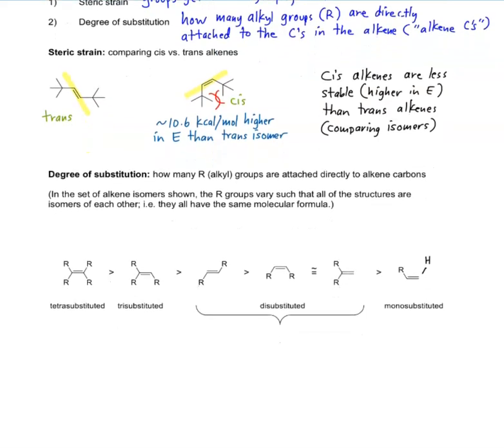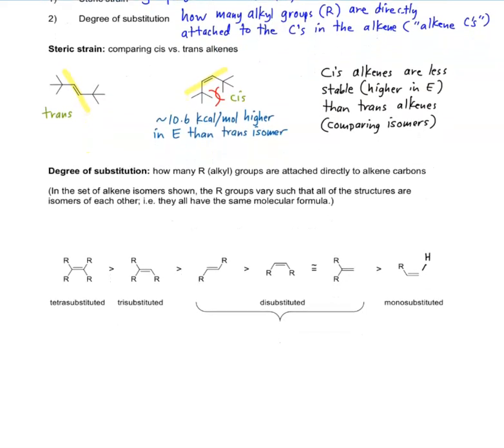The other thing that we'll think about is the degree of substitution. How many R groups, alkyl groups, are attached directly to the alkene carbons? Okay, so remember again, we have to be comparing isomers. So in the set of alkenes that we're looking at on the screen right now, all of these are isomers of one another.